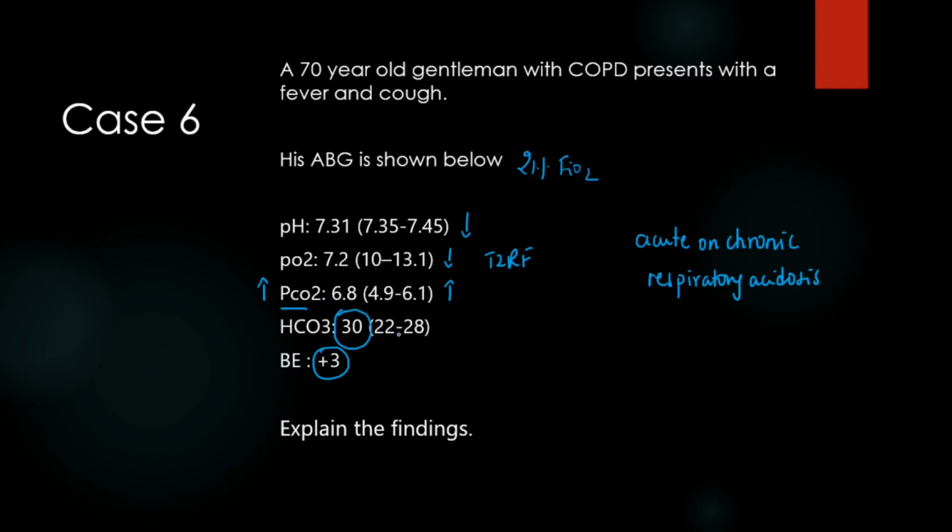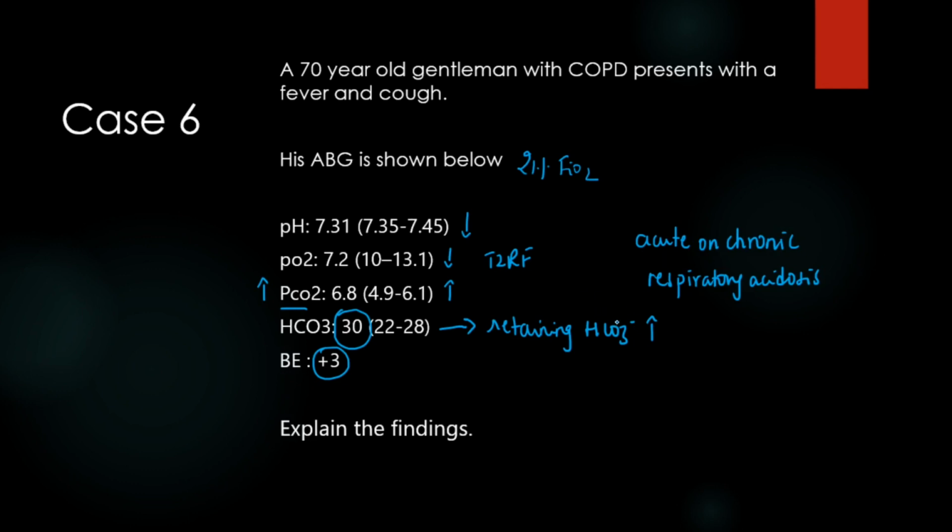So in order to compensate for that, the kidneys are going to end up retaining a lot of bicarbonate, okay? And this is a process which may happen over days, months, years. We know that it starts within hours in the kidneys, the process of compensation.